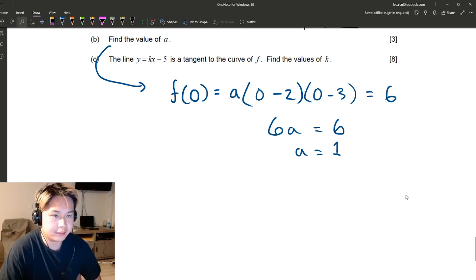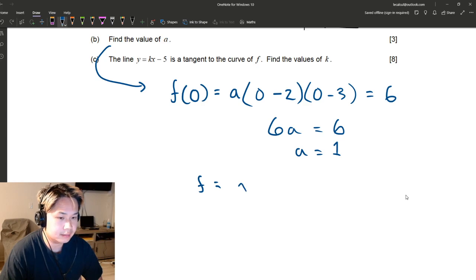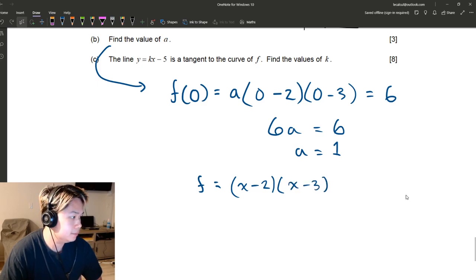Okay, so first off, let's write out f in its entirety, which is x minus 2, x minus 3. And we're probably going to take the derivative, so I don't like taking the derivative using product rule when I don't have to.